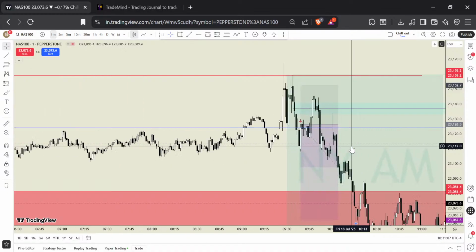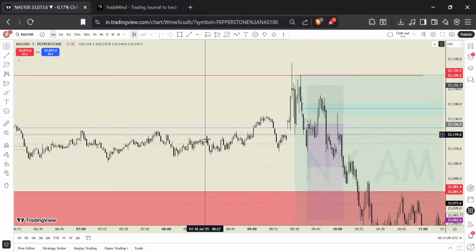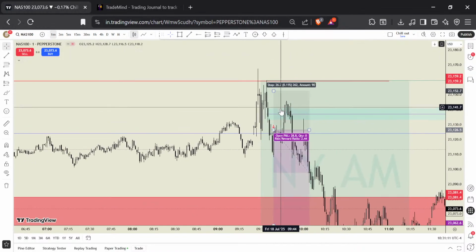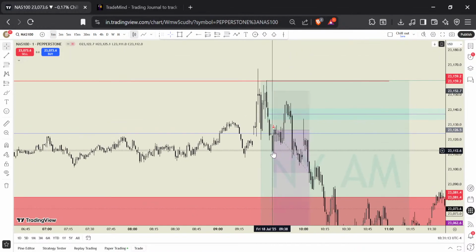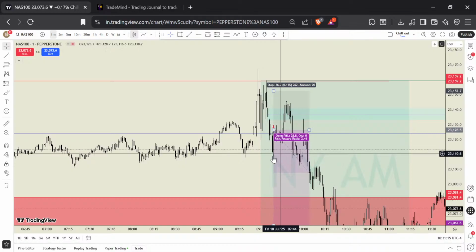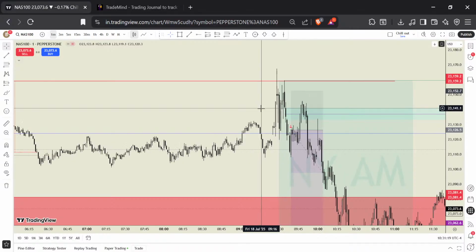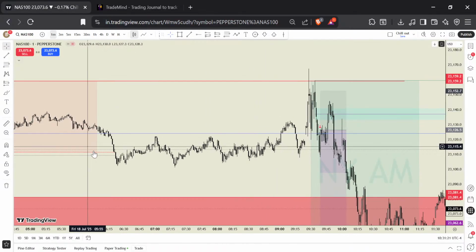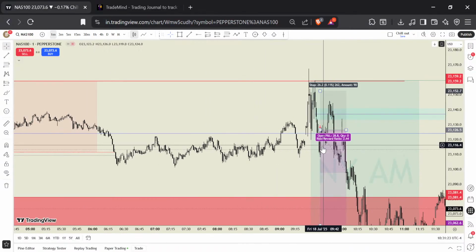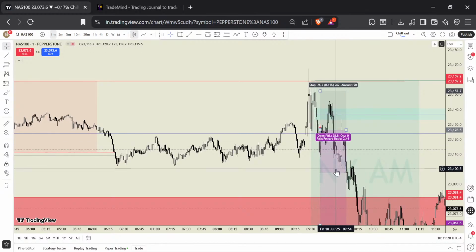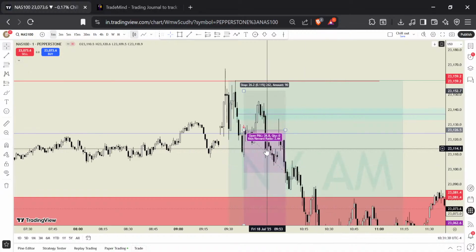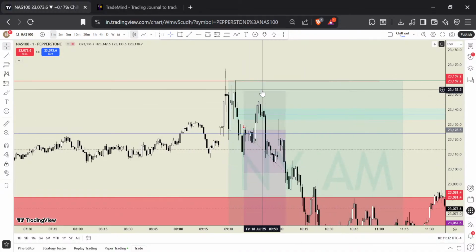If the market is planning to go higher and higher, this will be the area where the U-turn will come, as per my strategy. Because if the market is going to break the London lows, it shouldn't bounce back at the London lows. It should make a decisive move and break below the London lows in a single run. So I don't want to hold trades until it goes here.